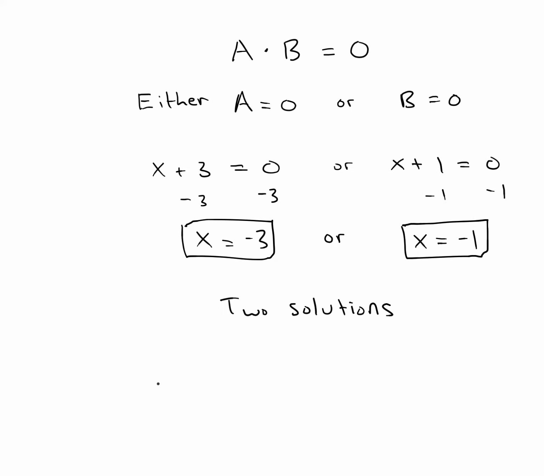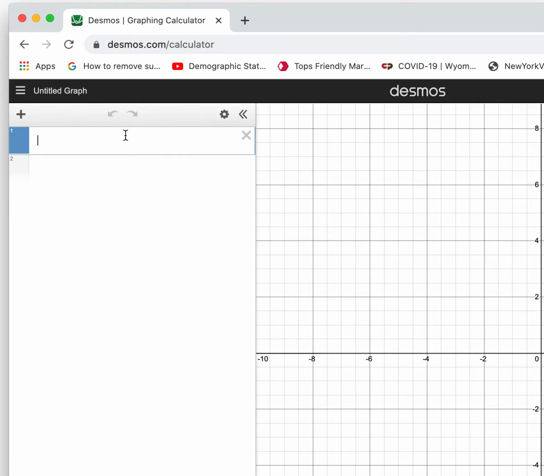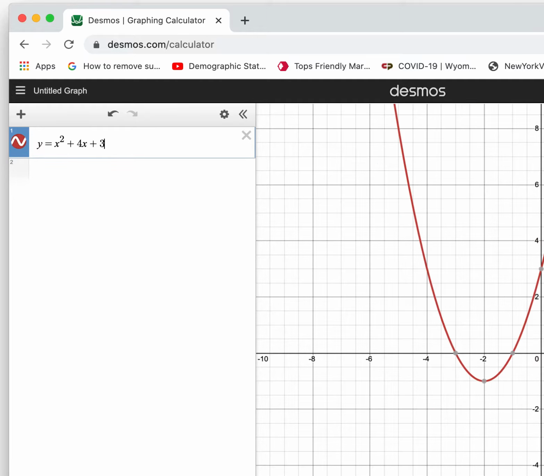So we can plot y equals 1x squared plus 4x plus 3. I'm going to go to desmos.com and plot this. Alright, let's type in our quadratic y equals x squared plus 4x plus 3.